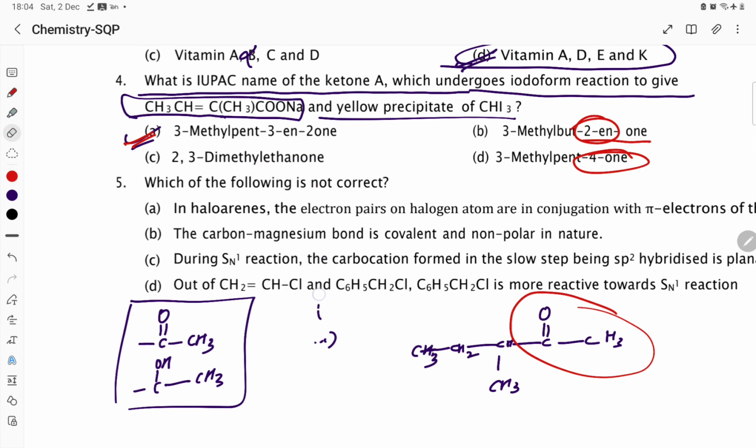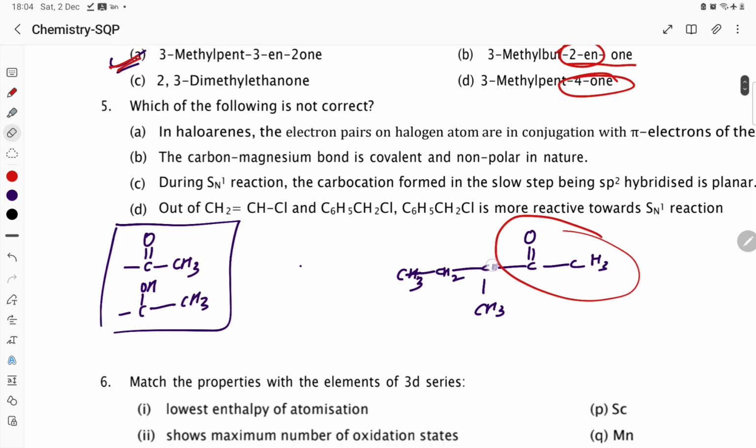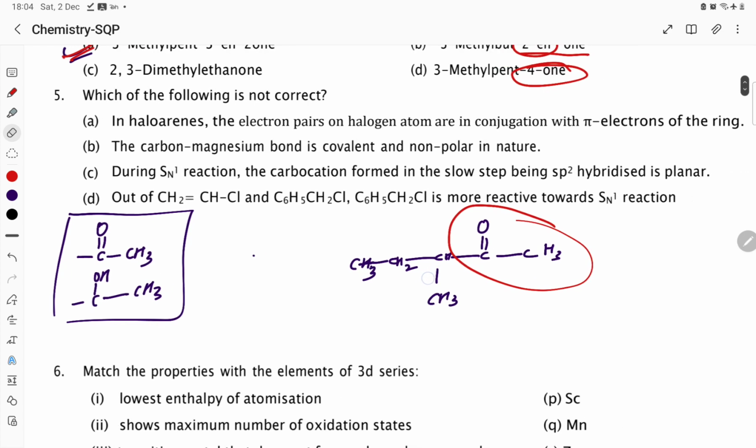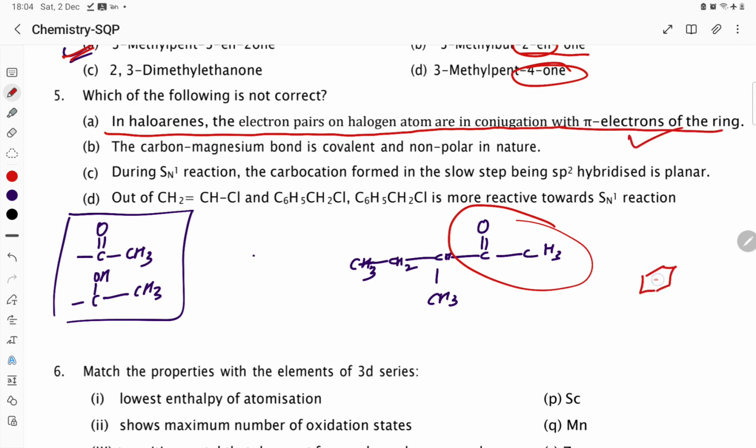Which of the following is not the correct one, student? Question number 5. Here see, in halogens the electron pair on the halogen atom is in conjugation with the pi electrons of the ring. That is correct, student. In the halogens you see this Cl is there, so this electron pair is in conjugation with the pi electrons.